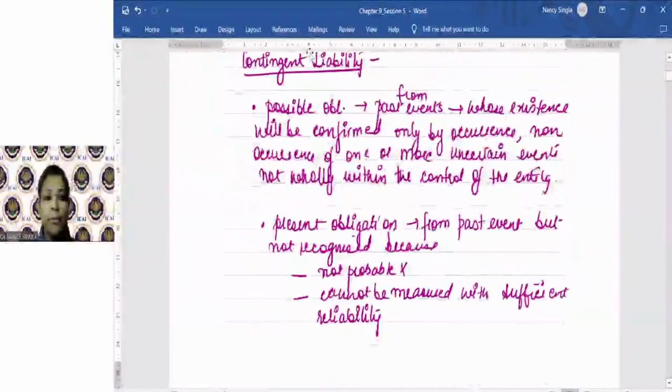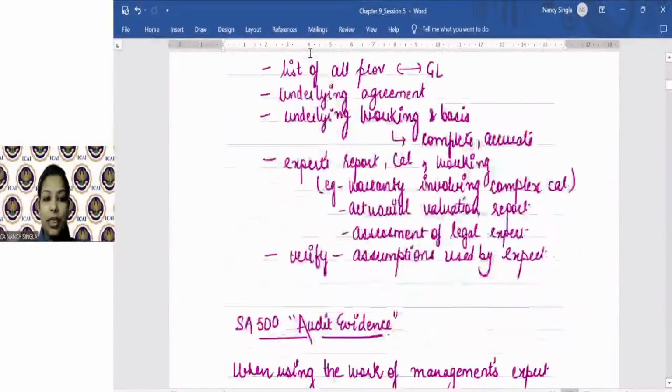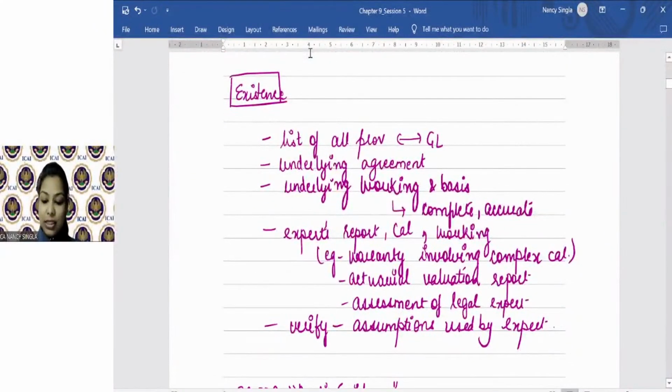ठीक है? So we have seen what provision and contingent liability are. Now with respect to existence, देखो बहुत simple है. आप पहले मैनेजमेंट को बोलोगे ना, management, give me a list of all the provisions that are coming. You will compare that total with that which is appearing in the general ledger. ठीक है, सिंपल है. अगर कोई warranties हैं, underlying agreement, अब तो underlying आपको समझ आ गया ना, हमने बहुत डिस्कस किया है.